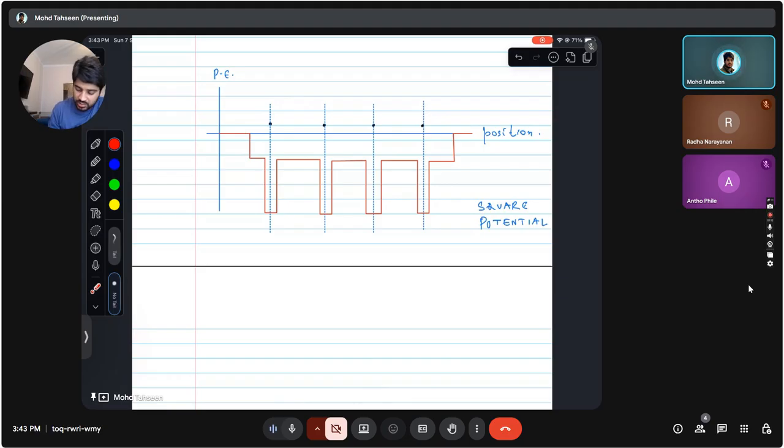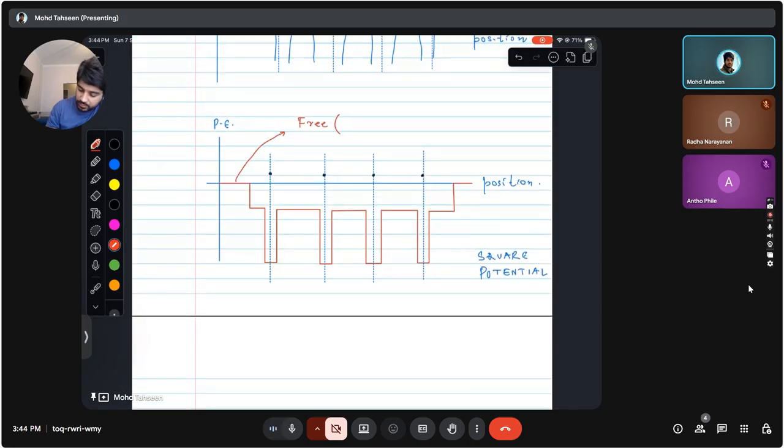So this region corresponds to the free motion of electrons. I will write: positive charges not felt.